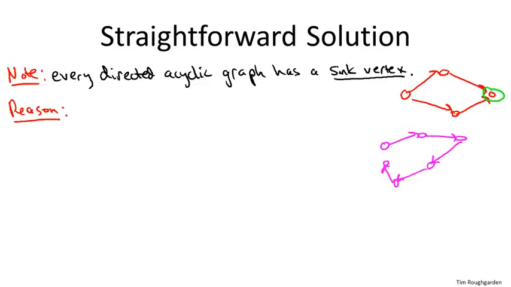Well, there's a finite number of vertices. This graph has, say, n vertices. So if we follow n arcs, we're going to see n plus 1 vertices. So by the pigeonhole principle, we're going to have to see a repeat. With n plus 1 vertices and only n distinct vertices, we're going to see some vertex twice. For example, maybe after I take the outgoing arc from this vertex, I get back to this one that I saw previously.